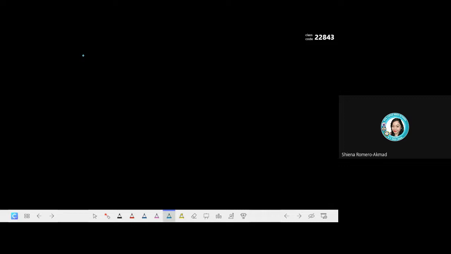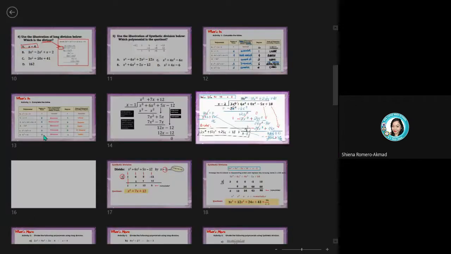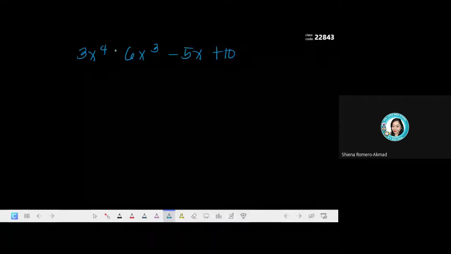We have 3, 4, 6, 3, 5, 10. Is the 6 positive or negative? I don't remember. Positive. There. We have positive.